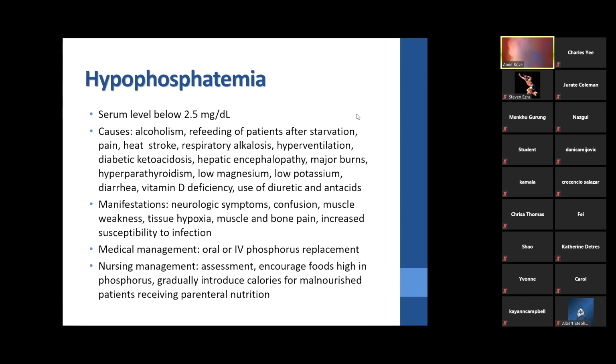In terms of nursing management, you want to make sure that the person is eating appropriately. Even if you don't really eat well and you eat like potato chips, whatever, if something that you eat came from the ground, it's going to have phosphate in it.